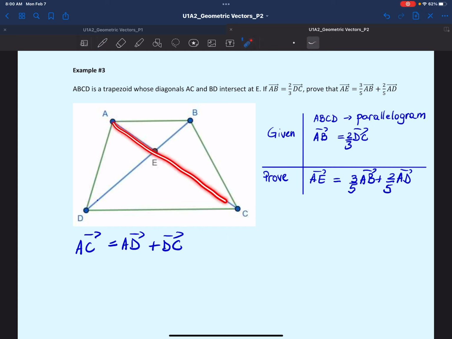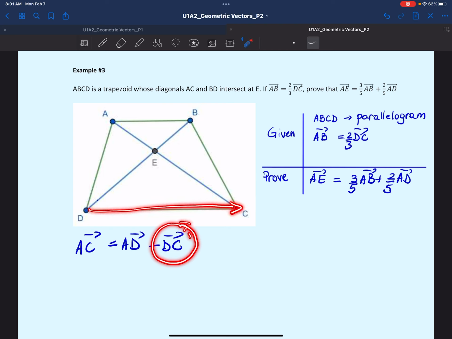I am going to keep the AD in because I do want to have AD in my statement. But I'm going to look into DC and see what I can replace it with.